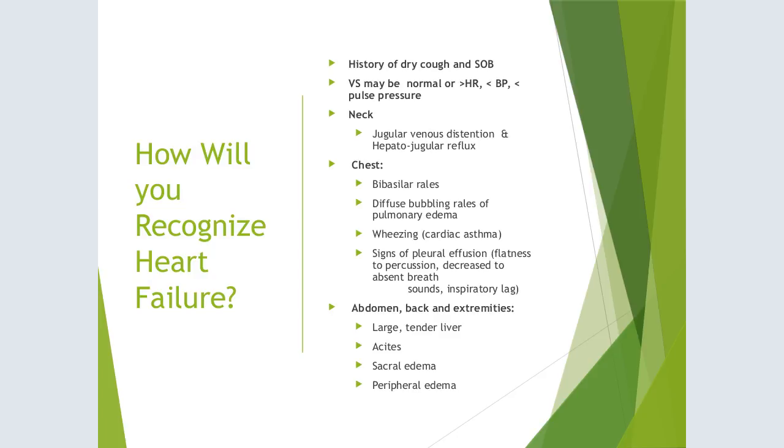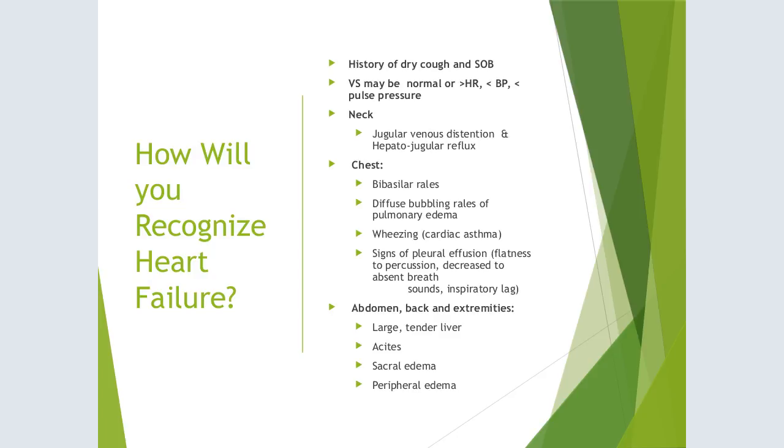Bibasilar rales can be present. May be present as diffuse bubbling rales with pulmonary edema. May have some wheezing present. On the chest X-ray, you see signs of pleural effusion. You may hear it's flat or dull on percussion. Breath sounds may be decreased or absent altogether.